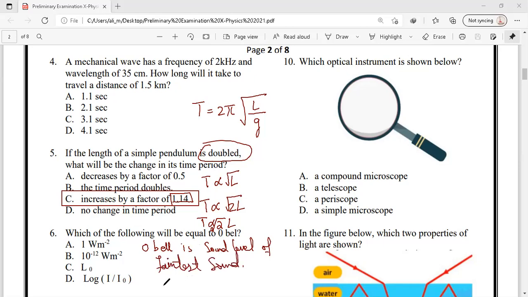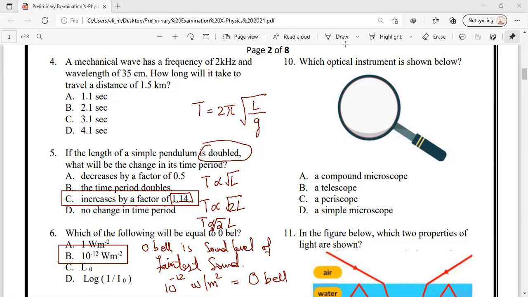We know that the faintest sound that can be heard by us is 10 raised to the power minus 12 watt per meter square, that is equal to 0 bel. As the intensity of the sound increases, its value in bel also increases. So the correct answer in this question number 6 is option B, 10 raised to the power minus 12.